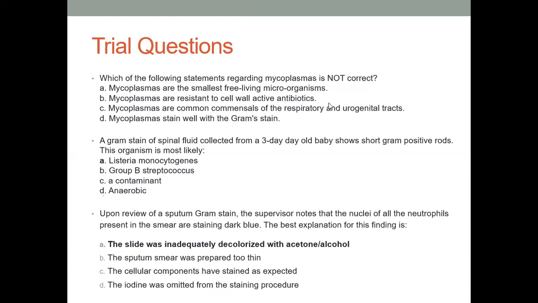So if they ask you why chlamydia, for example, cannot be treated with the penicillins, you see that penicillin is a beta-lactam, and the beta-lactams have their binding sites on the cell walls. We have, for example, penicillin-binding proteins, which are situated within the cell walls. So if you have an organism that doesn't have a cell wall, then automatically it will not have a binding site for the beta-lactams.